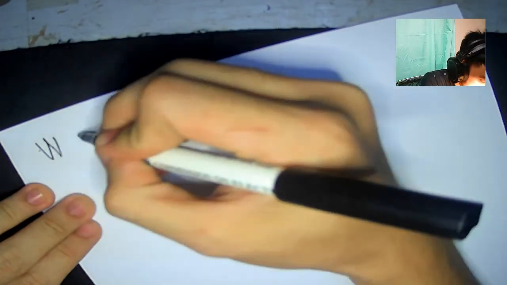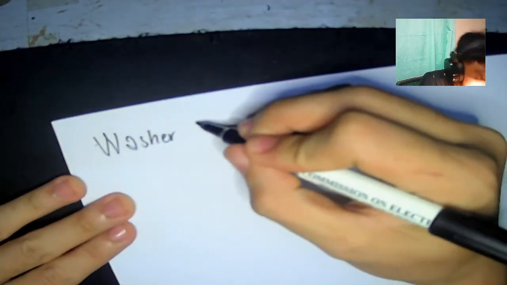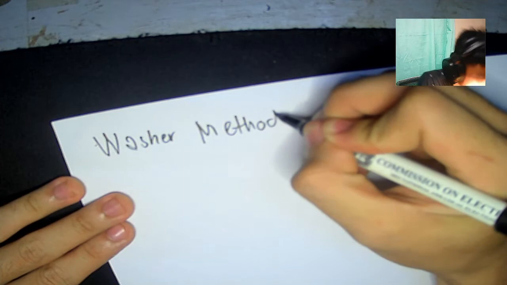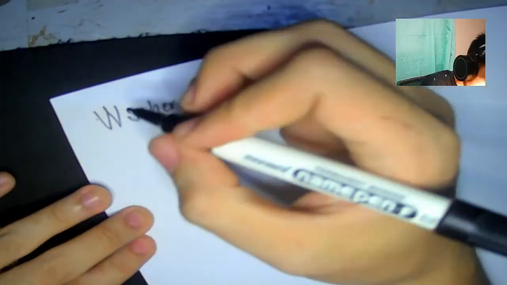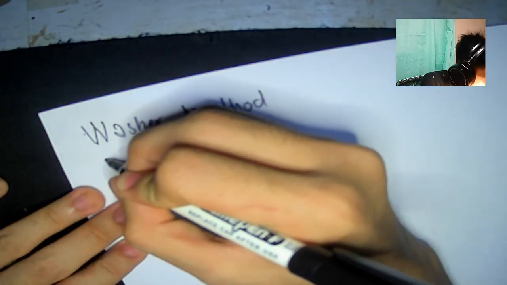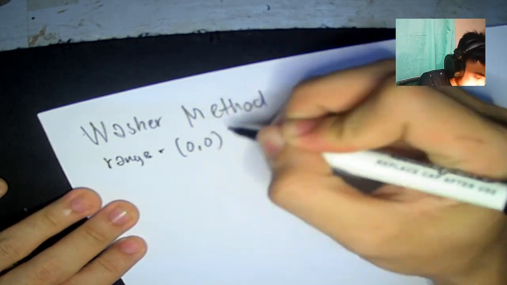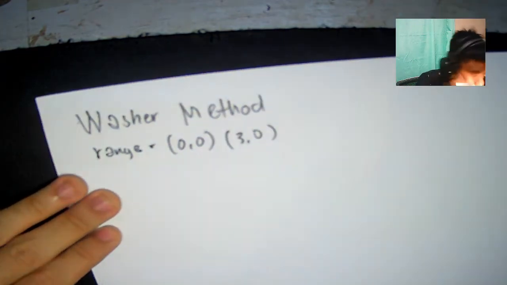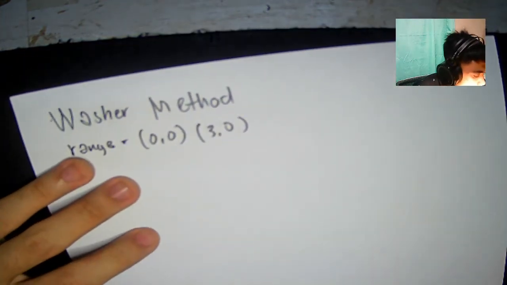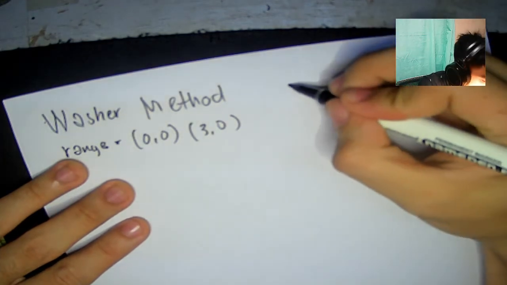Alright, last one. Disk, washer method. So the washer method: the problem is we have the given range 0 to 3.